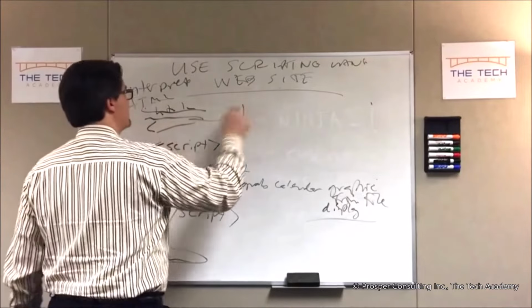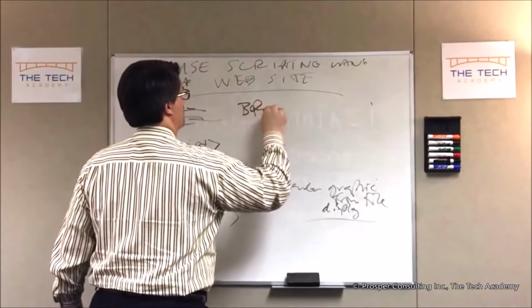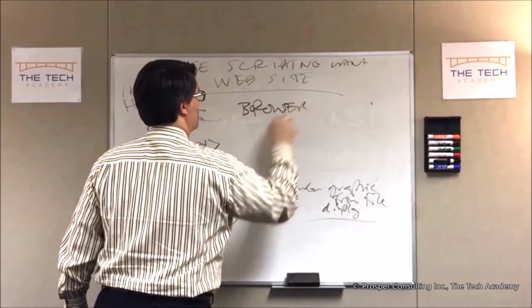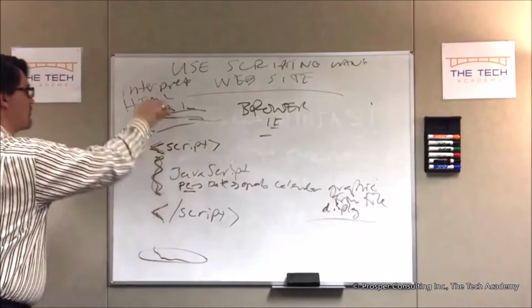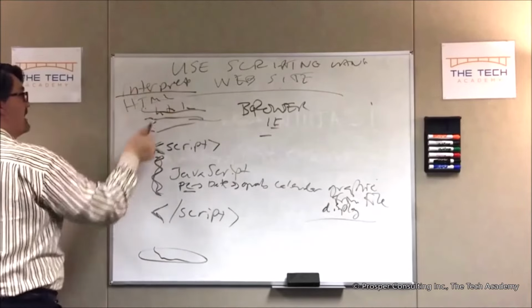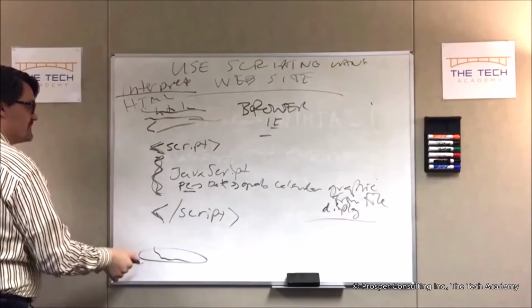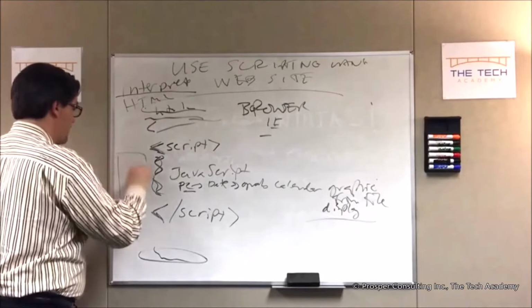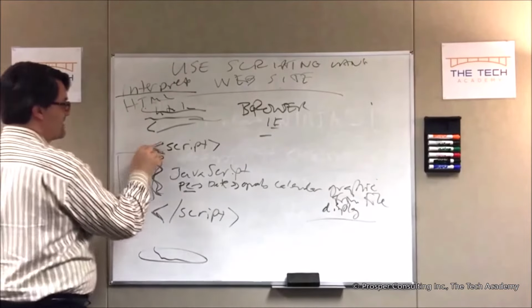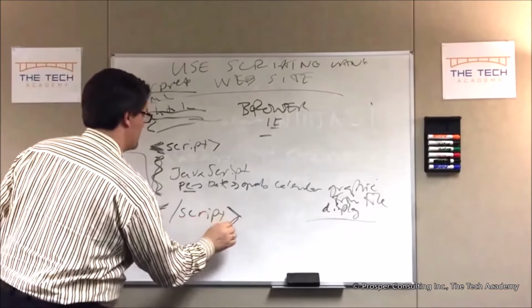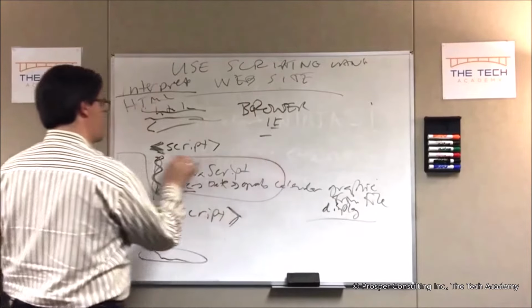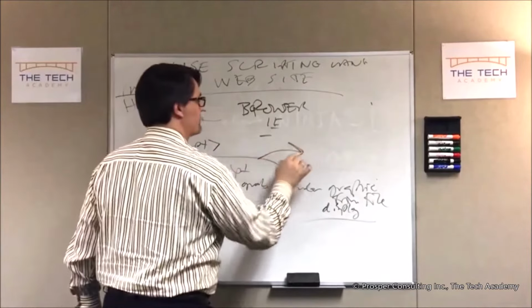So all you do is put a script tag in here, an end script, write your code, and then remember, all of this is going to get interpreted by a browser. Your Internet Explorer or Chrome or Firefox, it's going to go through and it is an interpreter. It's going to figure out what each of these pieces mean, and then it's going to display your web page. When it gets to this tag, it finds the end script tag, and then it grabs all this JavaScript code inside and executes it.